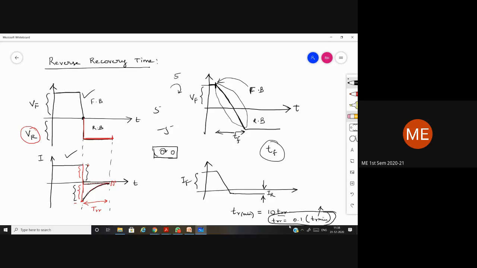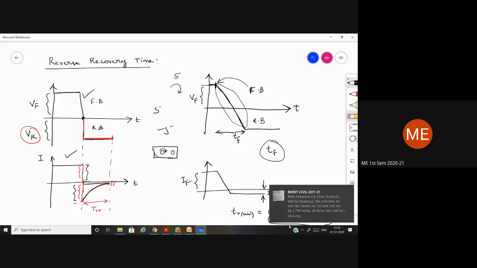The total time taken is TRR, which should be equal to 0.1 times TR minimum. So the reverse recovery time should be very less. Reverse recovery time is the time required for the current to decrease to its reverse saturation level.